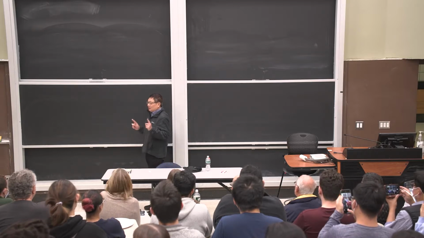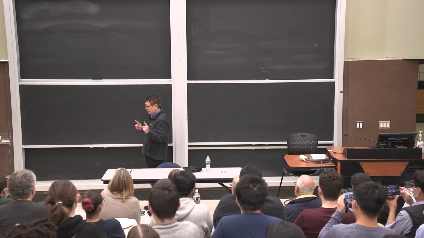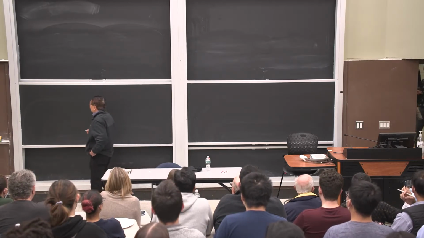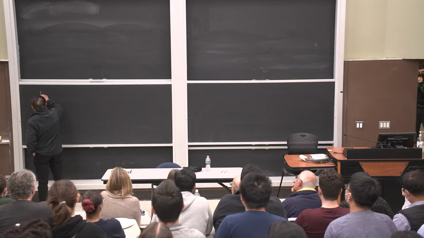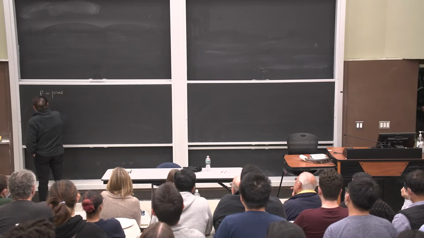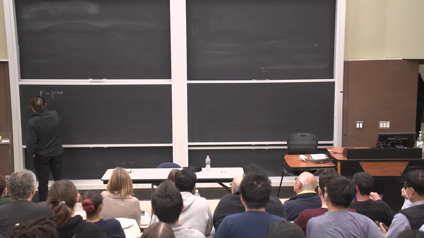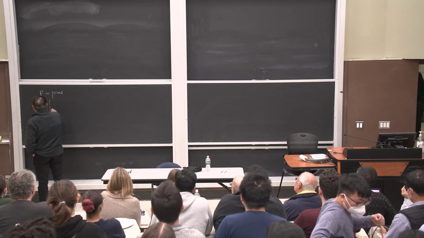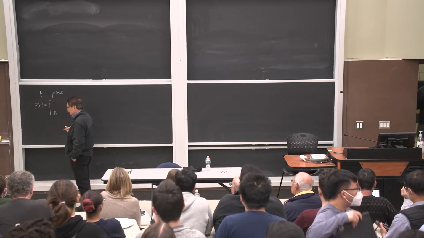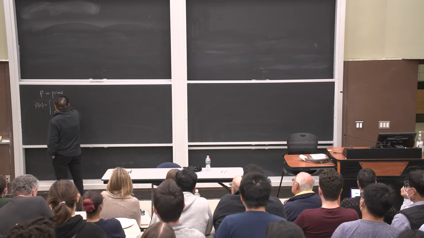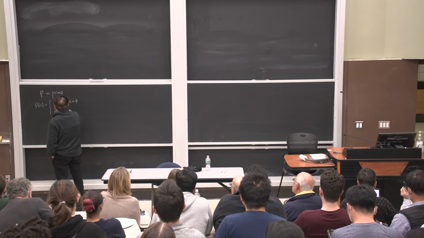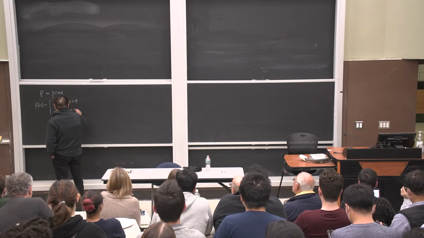So first, I introduced one function. It should be the characteristic function for the primes. So we say p is a prime, and we say rho of n is equal to a function only taking two values: 1 if n is a prime, otherwise it is 0.